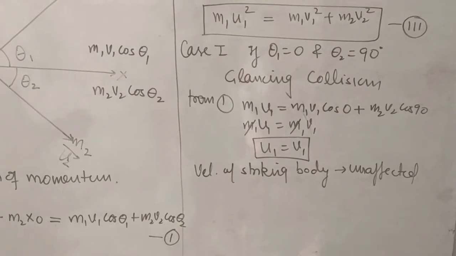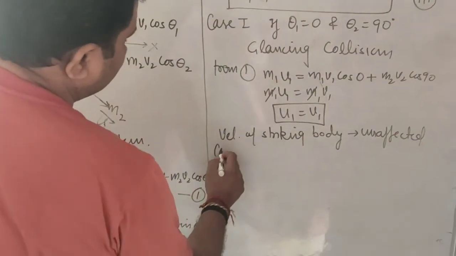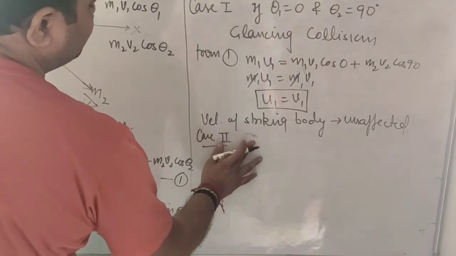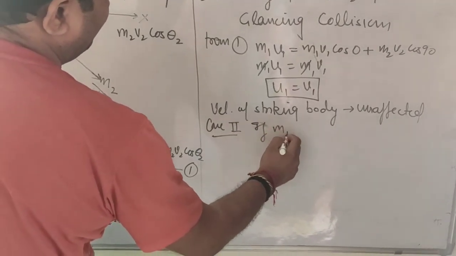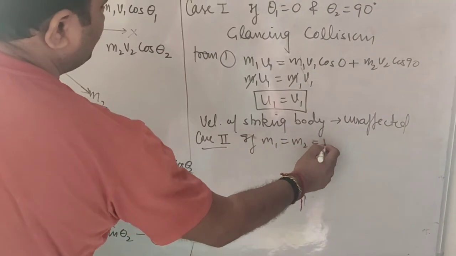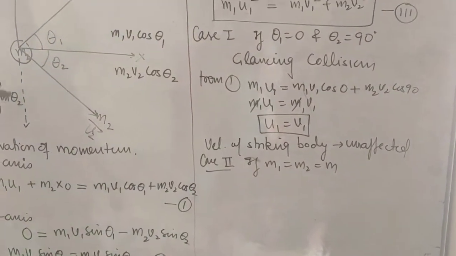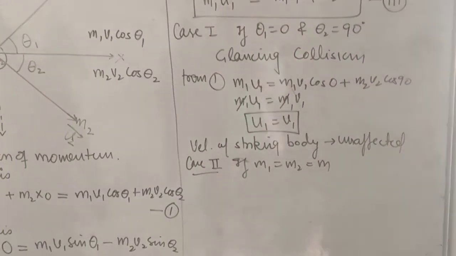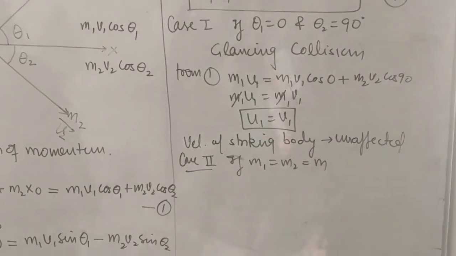One more thing, that is case 2. If m1 is equal to m2 is equal to m, if the striking body and target body are of the same mass, then what will happen?